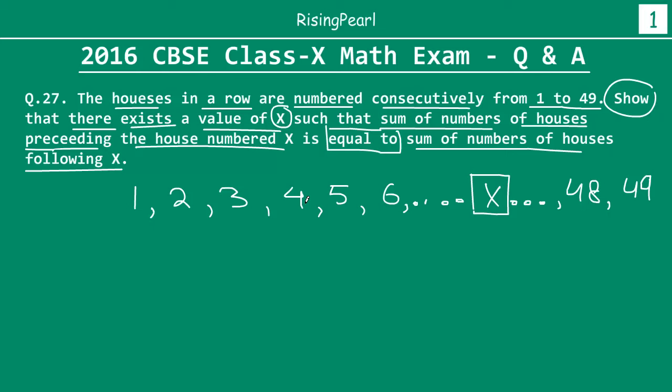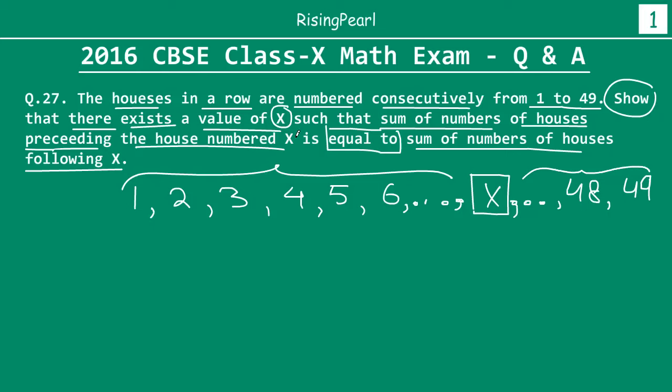x is some number in between 1 and 49 such that the sum of numbers of houses preceding the house numbered x, that means if this is x, so the sum if we add all these numbers till the house before x, is equal to the sum of the numbers after x.